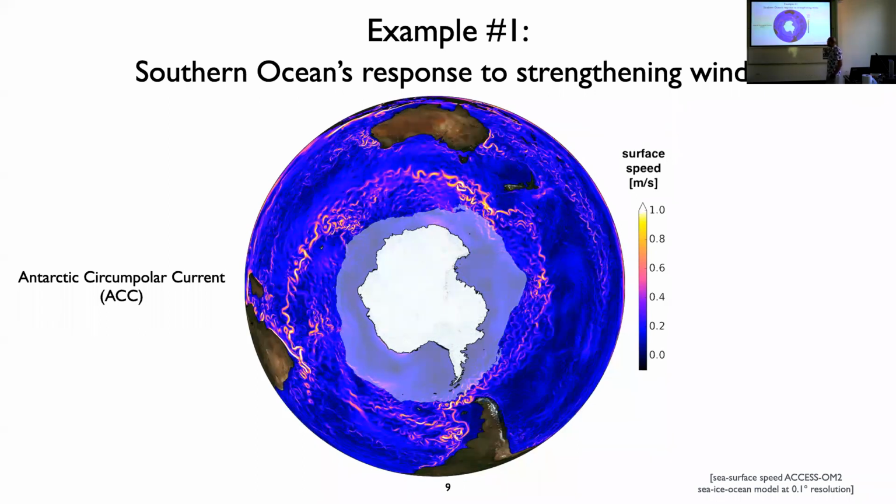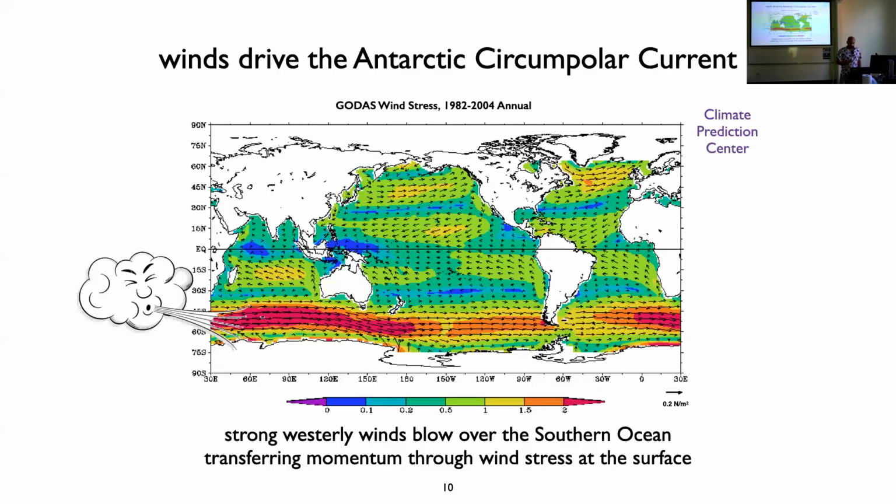And the question we're trying to understand is how this current will respond to winds getting stronger. This current is mainly driven by winds. So if the winds are getting stronger, how will this current change? That's one question we want to answer.